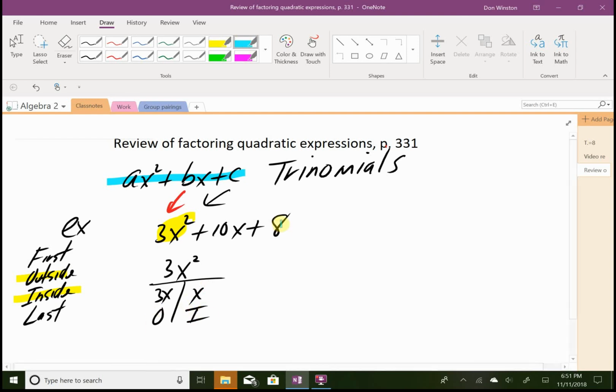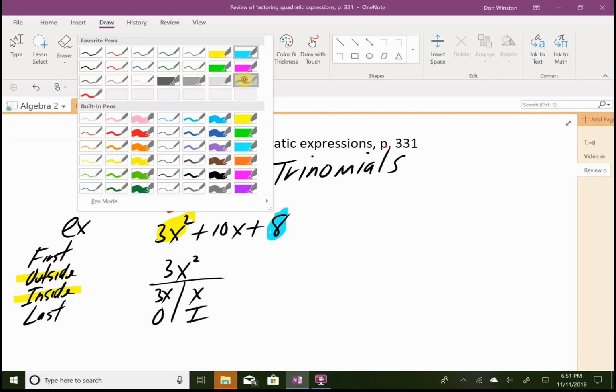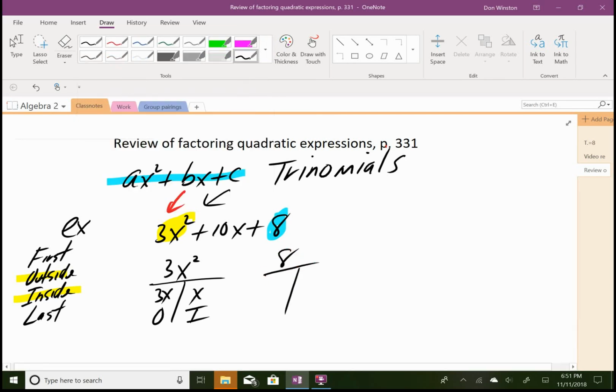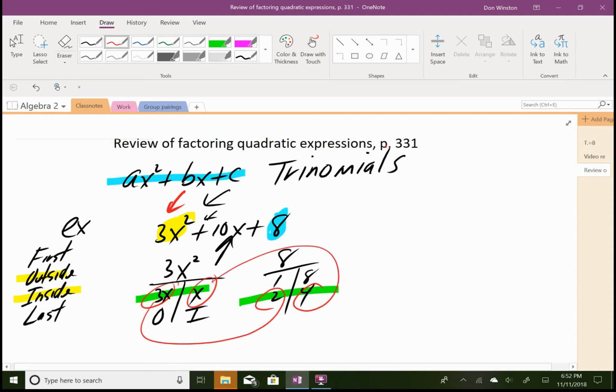Then I'll take my positive 8 and write my factor table for that. I have a positive, and this tells me that both factors have to be positive, so I either have 1 and 8, or 2 and 4. Let's see how I can get 10. To expedite this, I see right away that if I take 3x and multiply it by 2 and add to that x times 4, I'm going to get 10x.